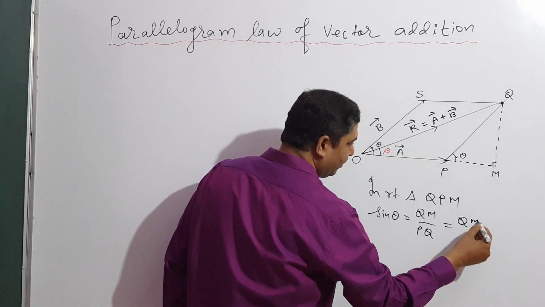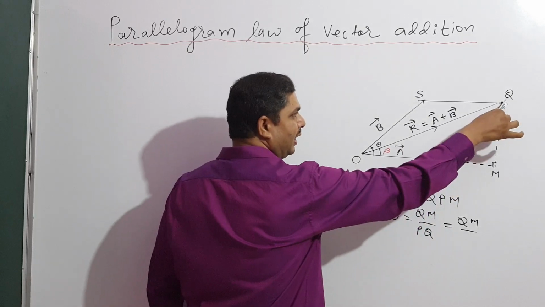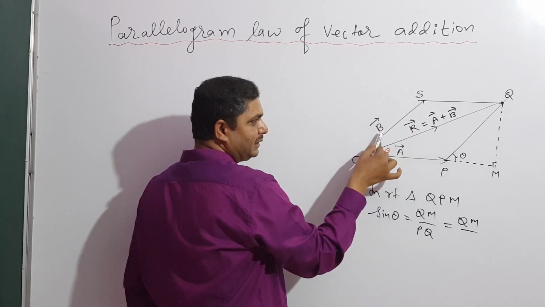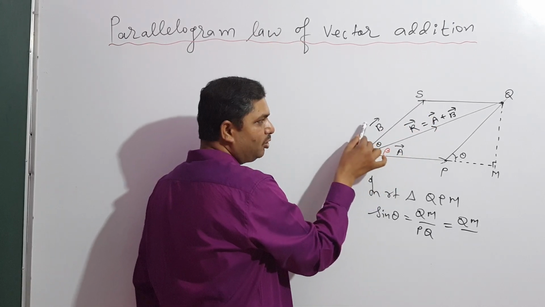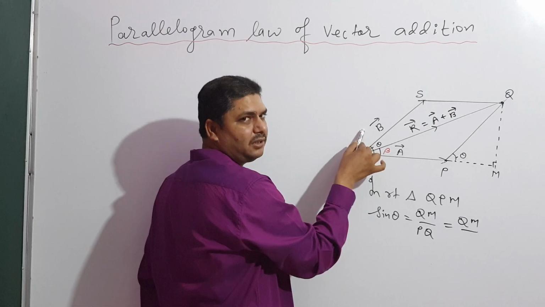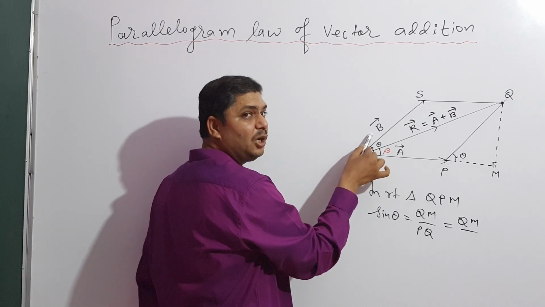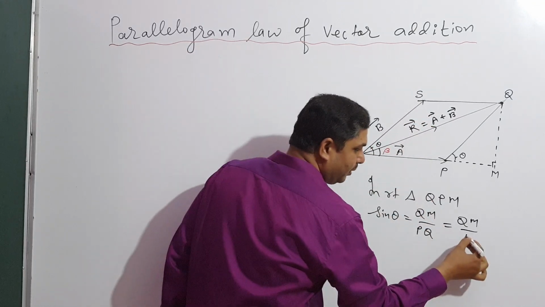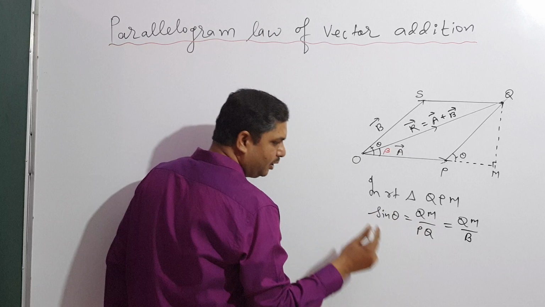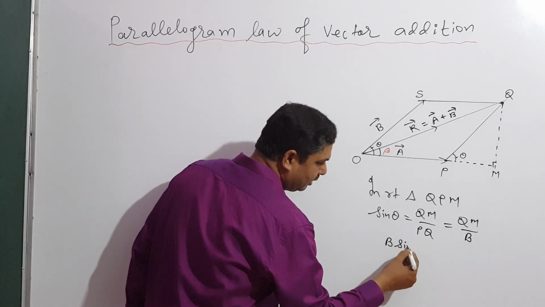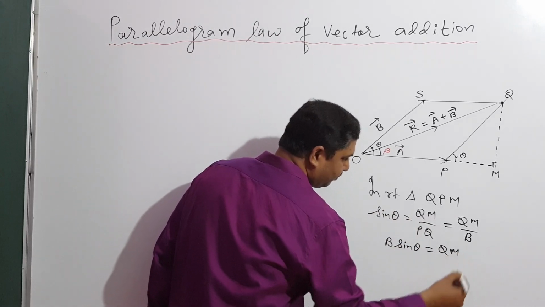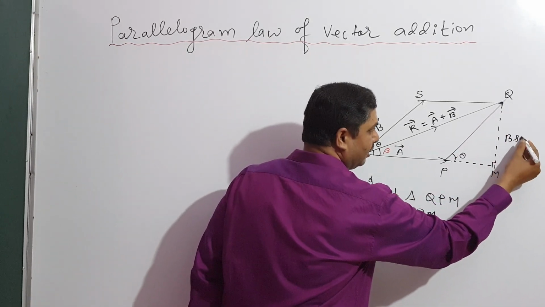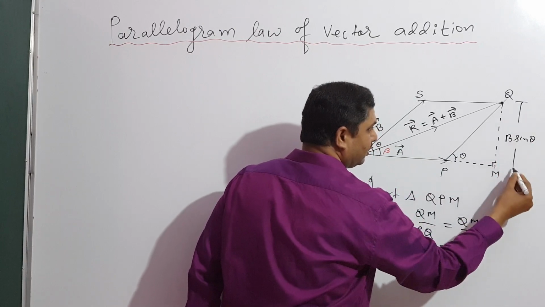From here it is QM, and this PQ length is equal to the length of OS, and OS length is said to be B without this arrow, because if you give the arrow, this means that it is a vector, and without giving the arrow, this means that you are talking about magnitude. So take the magnitude, that is B. Put here B. Multiply this side, you get B sine theta equals QM. Now, in place of QM, write here B sine theta. So you get this length, B sine theta.